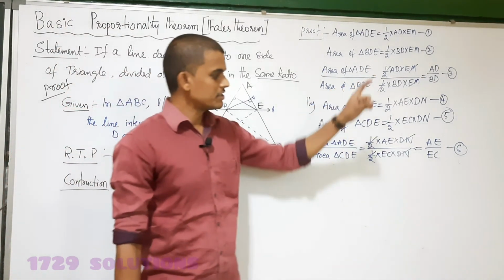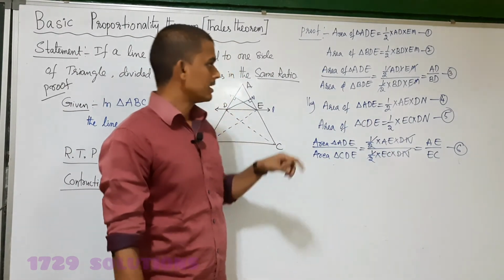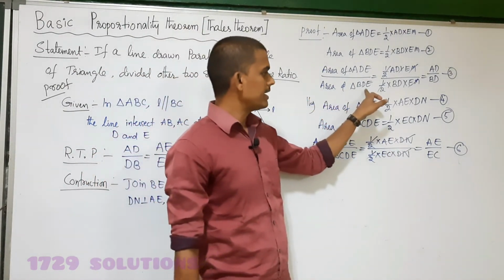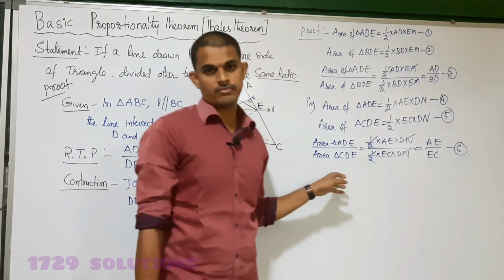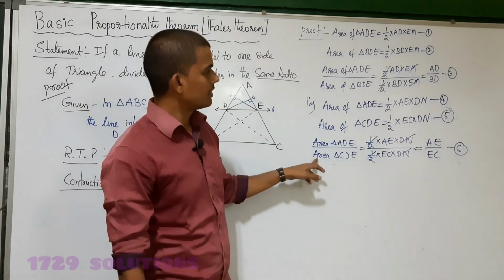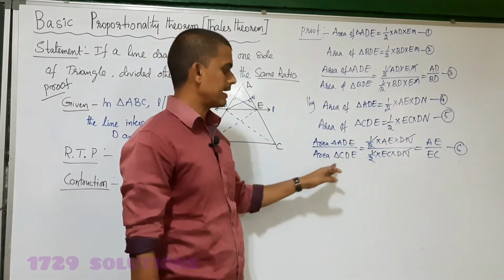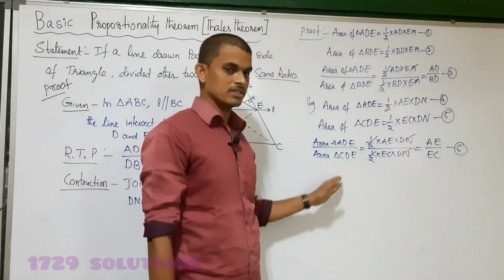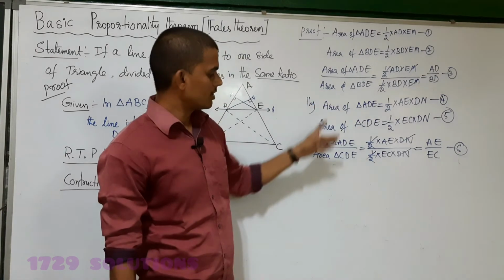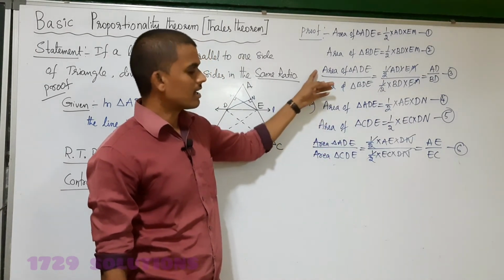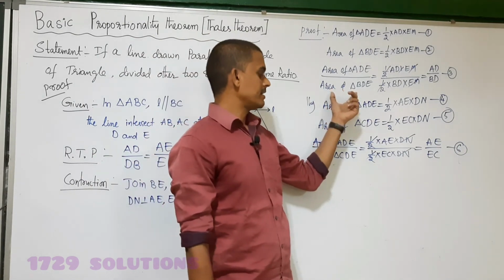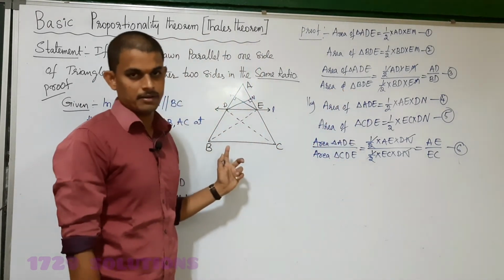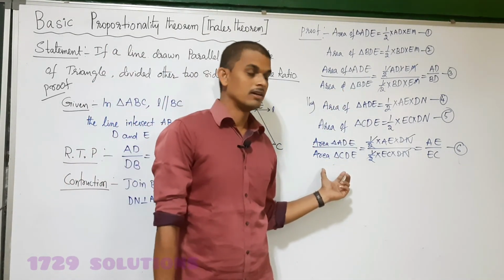When you observe equation 3 and equation 6, the denominators, the area of triangle BDE and the area of triangle CDE, are equal. Just now I gave you the theorem.